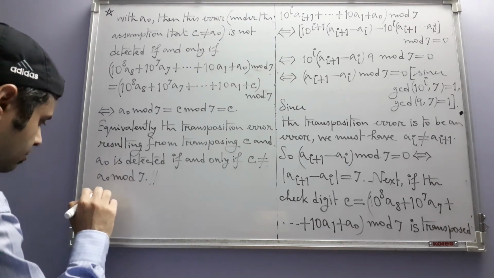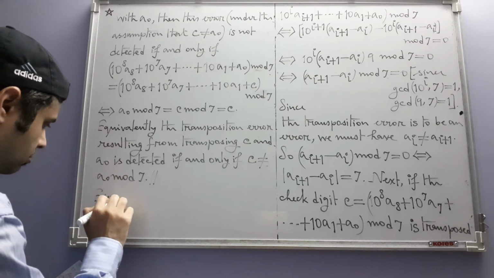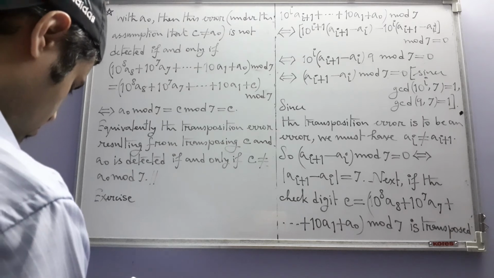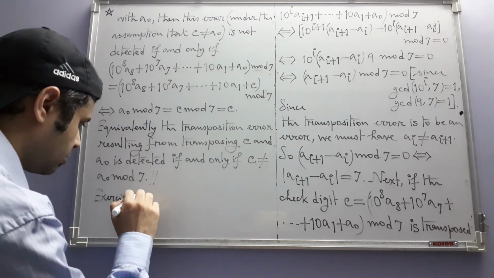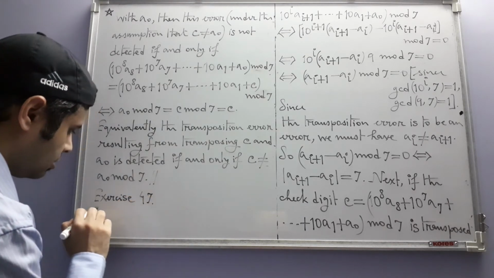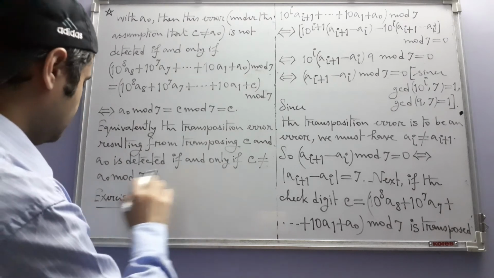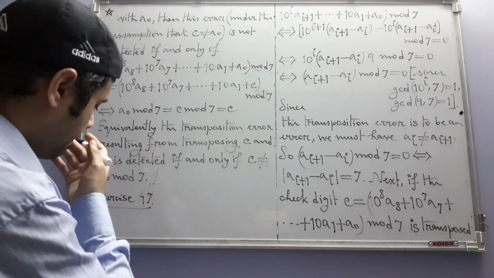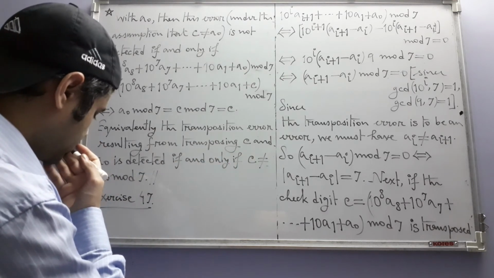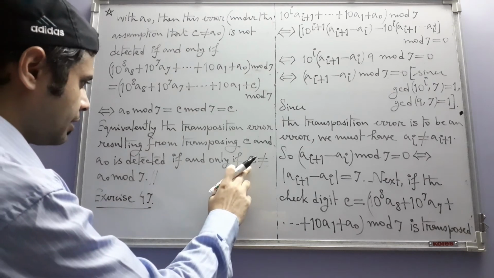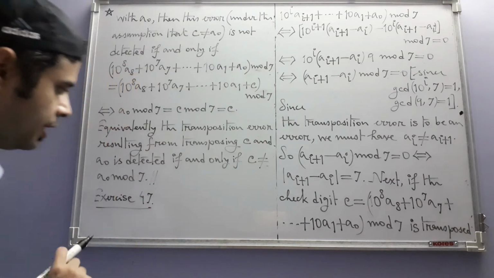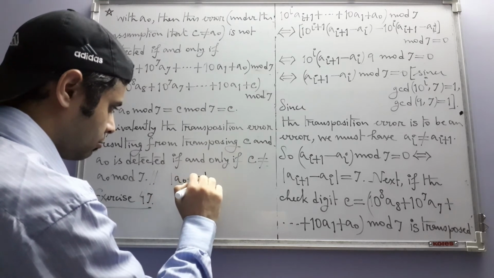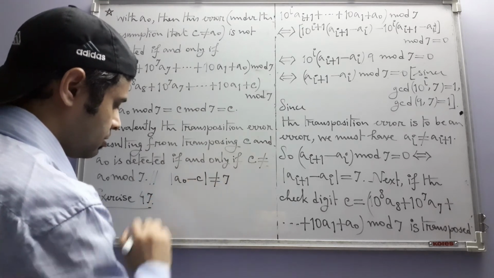Okay, then exercise 47. If you want, you can simplify this expression, I mean this condition, by claiming that this is true if and only if this is true.